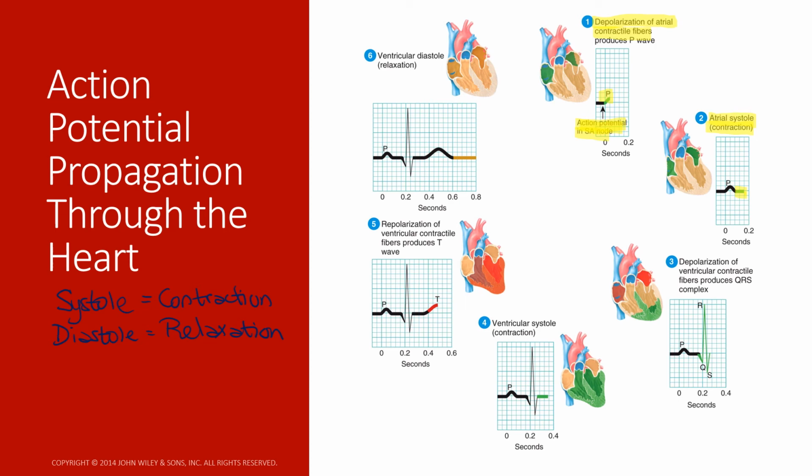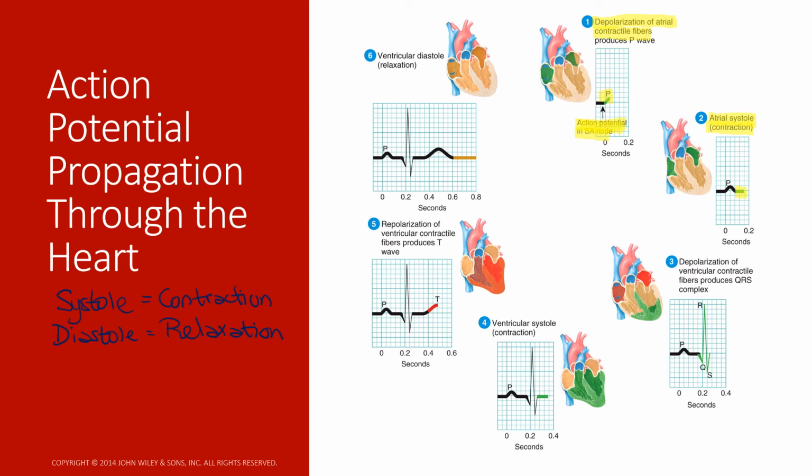Now remember, conduction of the action potential is going to slow down at the AV node, and that's because the fibers in the atrioventricular node are much smaller in diameter, and they have a lot fewer gap junctions than in the SA node. And this results in about a 0.1 second delay.